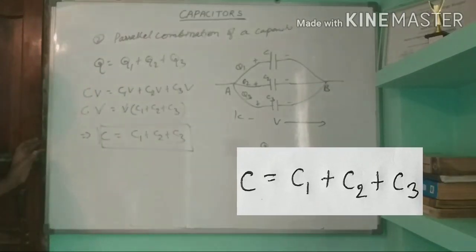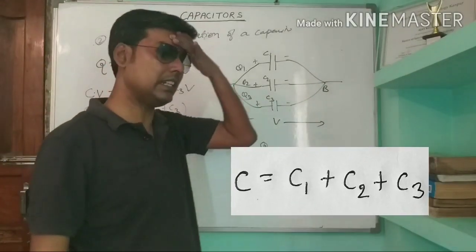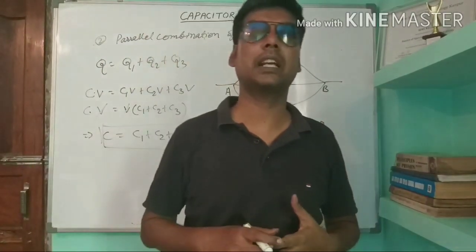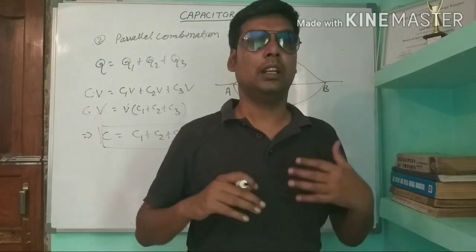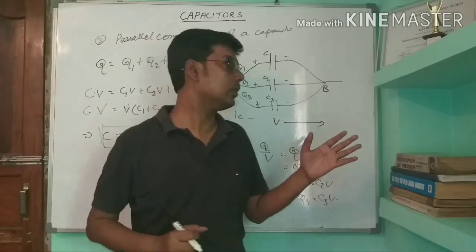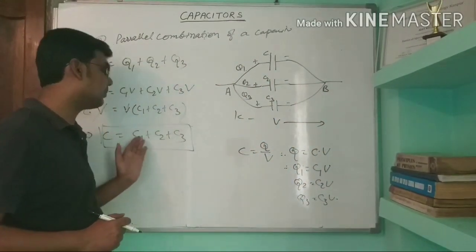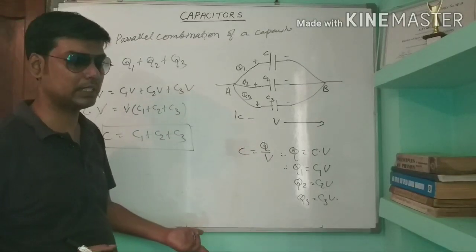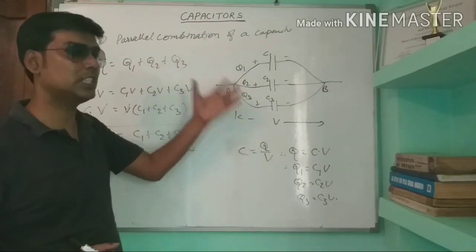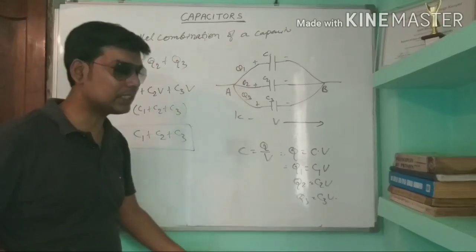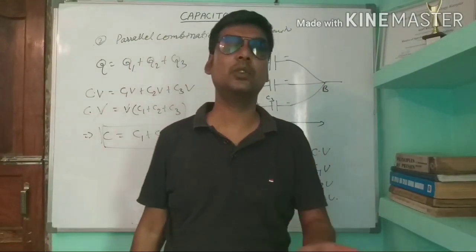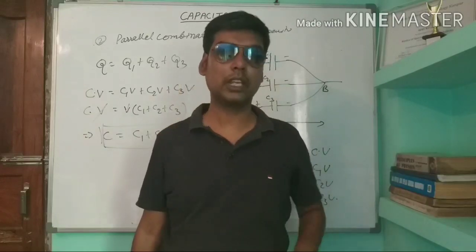So if a number of capacitors are connected in parallel, the resultant capacitance will be the algebraic sum of all the capacitances. Here there are three capacitors, so it is C1 plus C2 plus C3. When two capacitors are connected in parallel, the total capacitance will be C1 plus C2. If many capacitors are connected in parallel, then C equals C1 plus C2 plus C3 plus C4 plus C5 and so on. Okay?